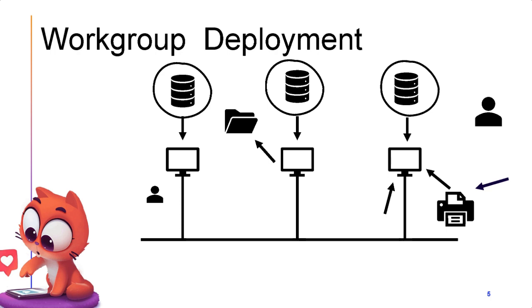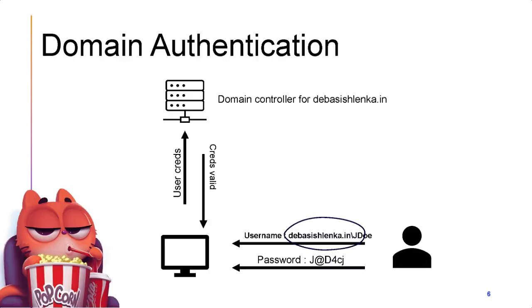Let's suppose that instead of 3 different computers on this network, I have 100 different Windows systems and 100 end users. Each user has their own system, but just like in this example, each user may need to access resources, such as shared folders or shared printers, on other user systems. To make this work, you'd have to manually create 100 user accounts on each of the 100 systems, and try to make sure that the password stayed in sync on all of the different systems all of the time.